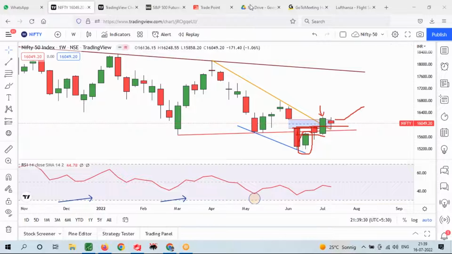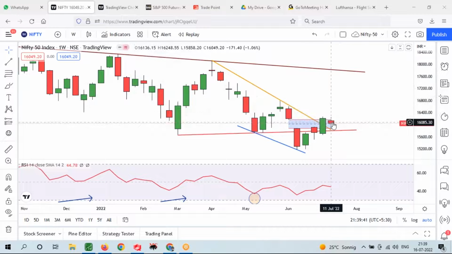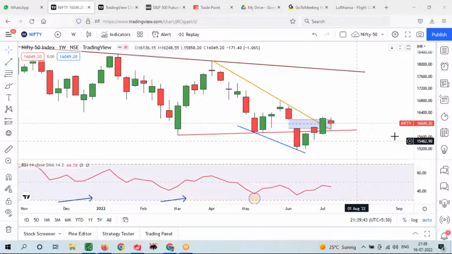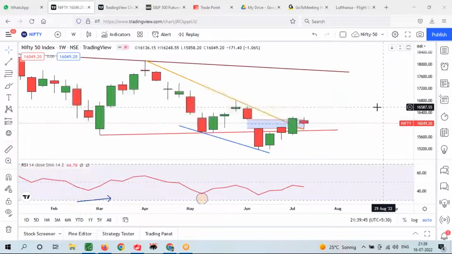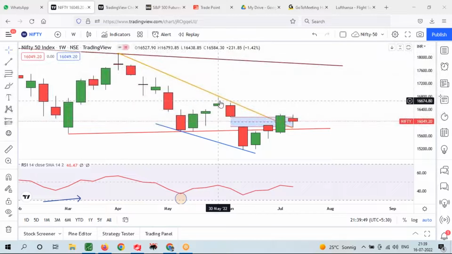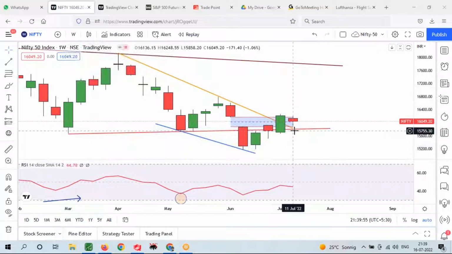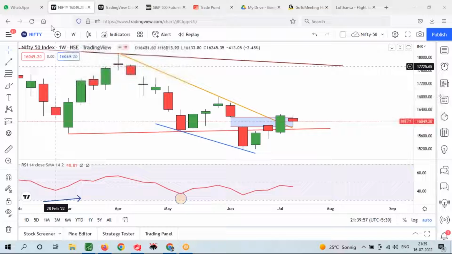Also it retested the previous breakout level, around the 850 to 900 level. Last week's low was 858. So this is the weekly chart. When you connect the last major tops, 16800 and 18100, we have already crossed it, and now you see it retested it.